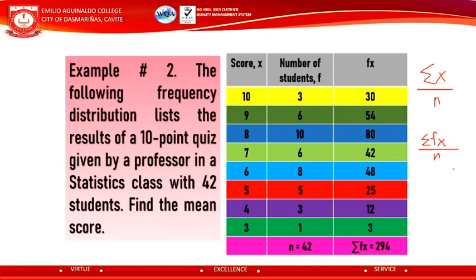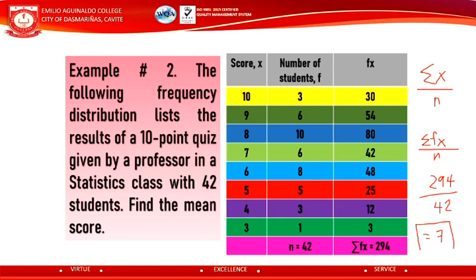Okay, then let us try to solve this problem. We have the summation of fx, which is equal to 294 divided by 42. If we're going to divide it, you may use your calculators. We will obtain 7.